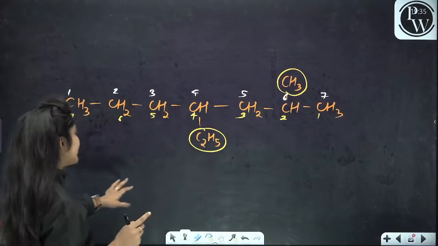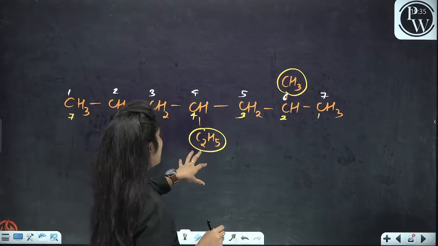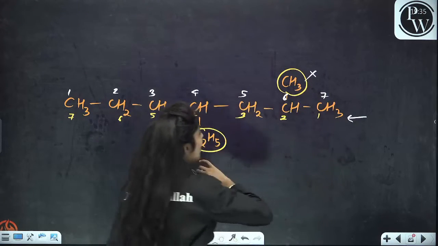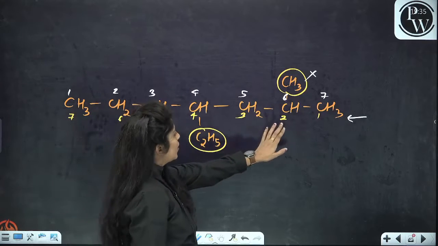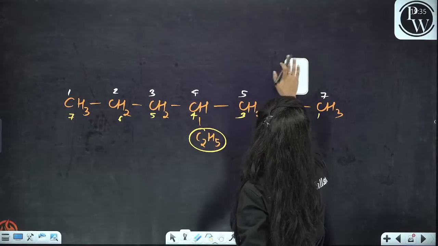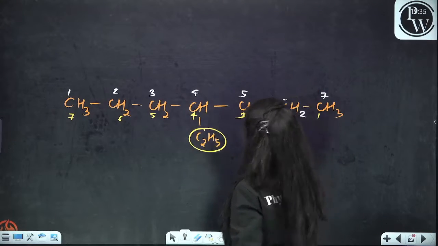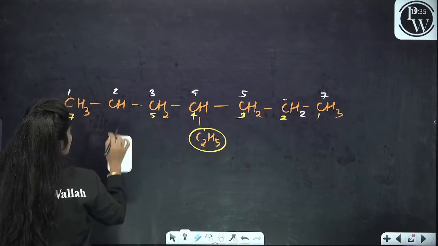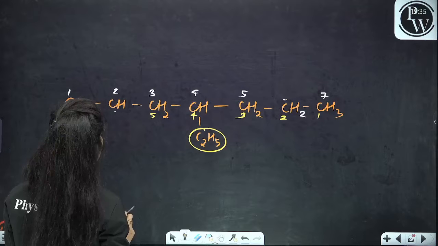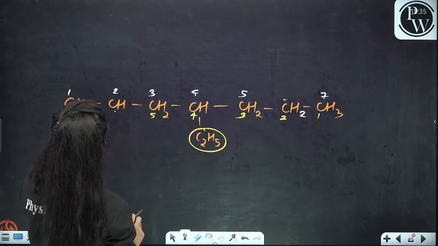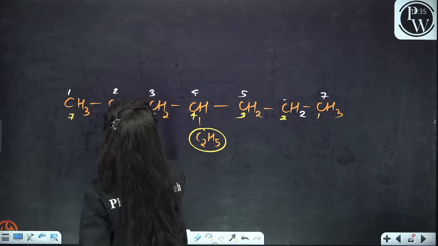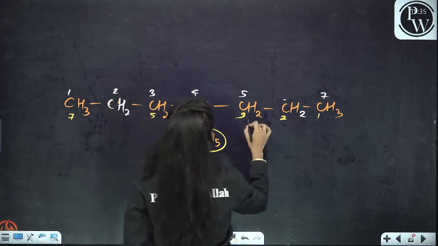So you need to understand, we will be using this side, not this. Why? You will be saying, ma'am, okay, we will be taking this only because we are having both here. Let's suppose I am not taking this CH3 here, but here. Suppose I am taking this, again it will be the same thing. It will be 1, 2, 3, 4, 5. So I can also take 1, 2, 3, 4. Okay. So I will be taking it here.